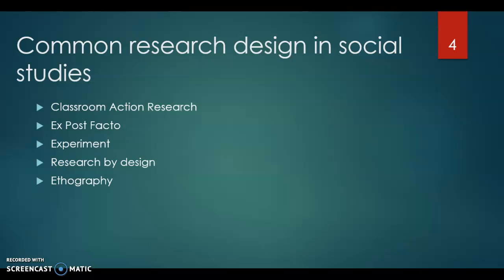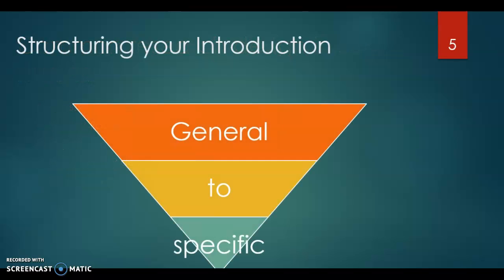I'm not going to talk more about types of research, but if you wish to know more, you can comment in the comment section, because I believe you have learned this with your lecturer in research method. But if you would like me to discuss it, then give a comment. So I'm just going on to the introduction.